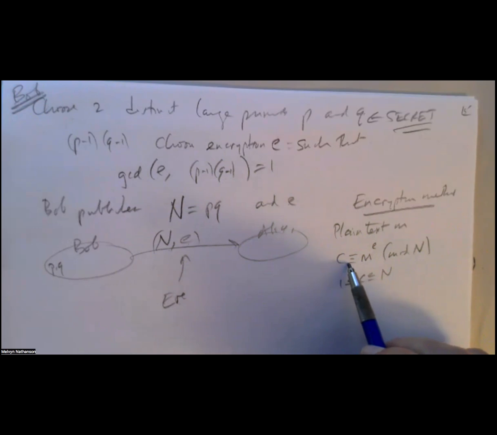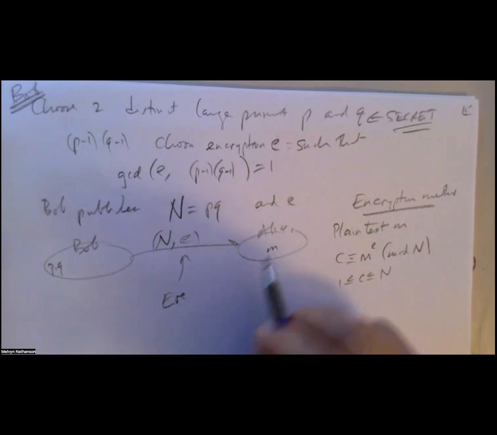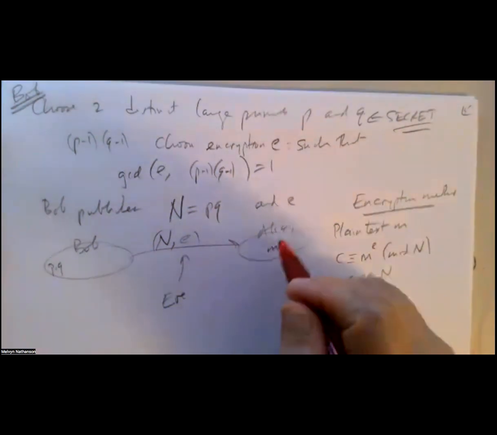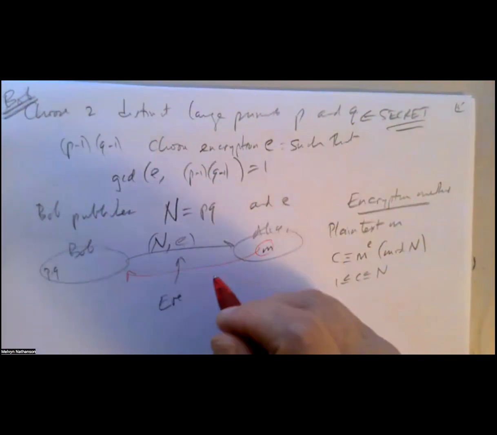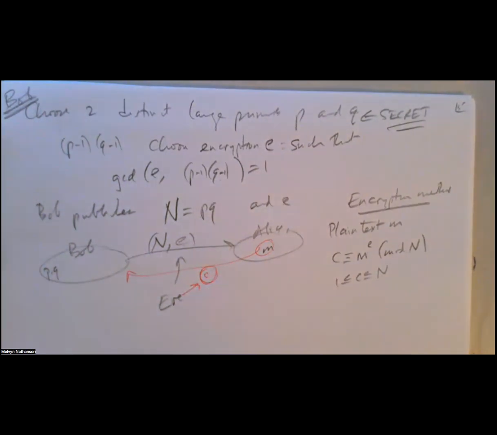That's your ciphertext. So Alice knows M, but what she sends to Bob is the number C, and Eve intercepts it, of course, and knows what C is.